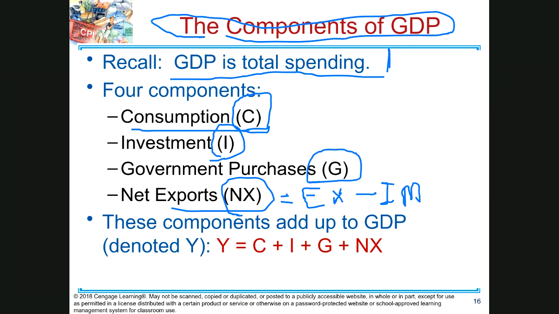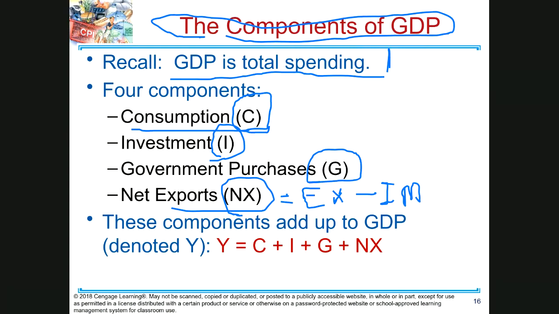It could be zero, which means the trade is in balance. Whatever we spend on foreign economies is equal to the amount that they spend in our economy. Or it could be positive. China has been experiencing positive net exports for the last decades. And ours is negative because we buy from them more than they buy from us.